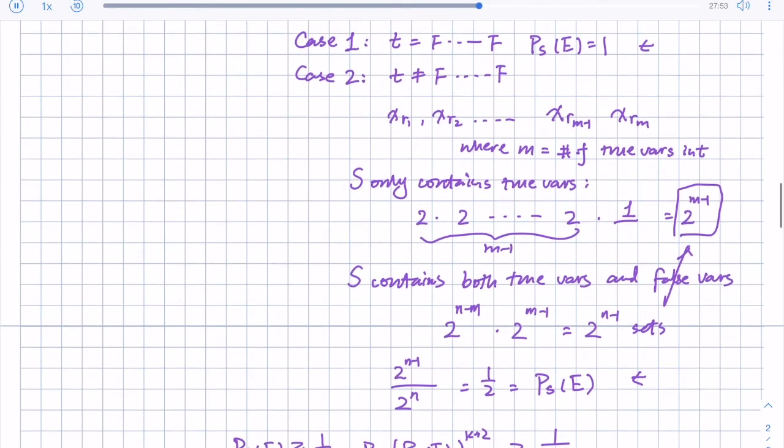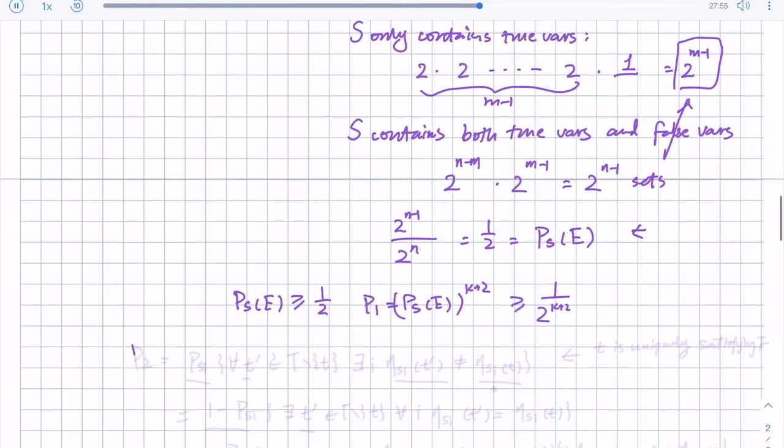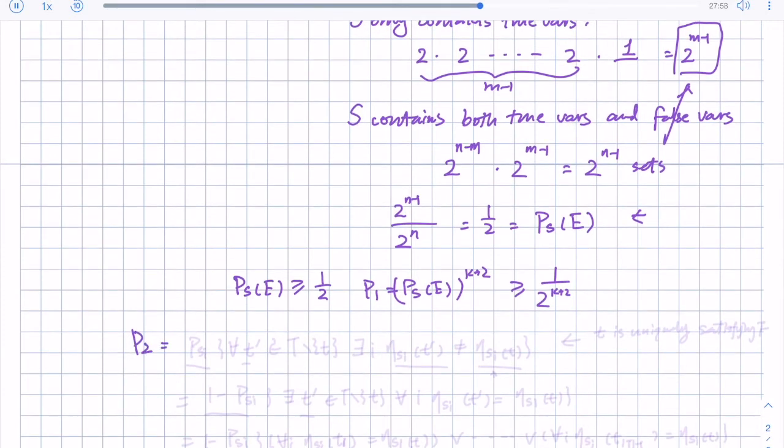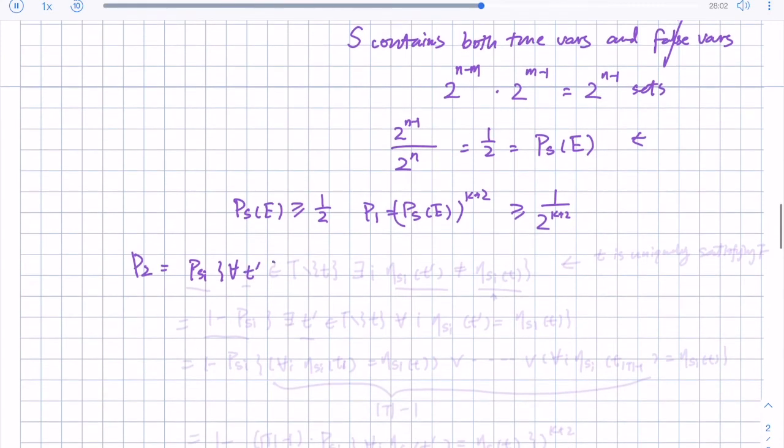Now we just need to show probability 2, which we say is the probability that for all T prime in T that is different from the satisfying assignment T that we chose in the beginning, there exists i such that eta s_i T prime is not equal to eta s_i T. So this is the unique requirement for T.